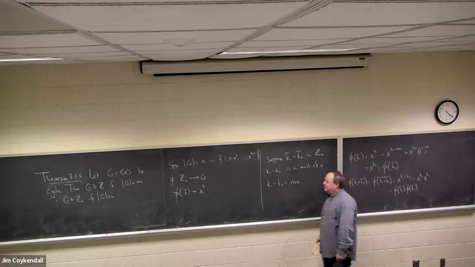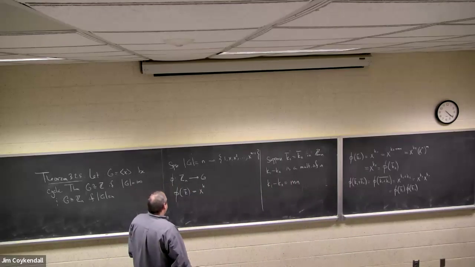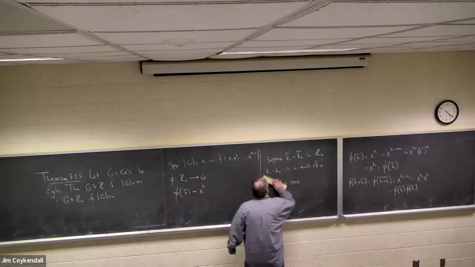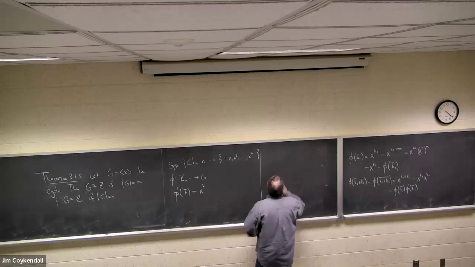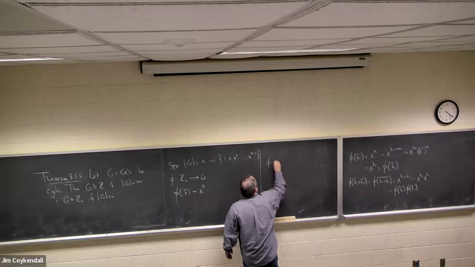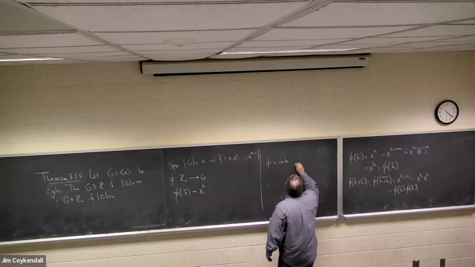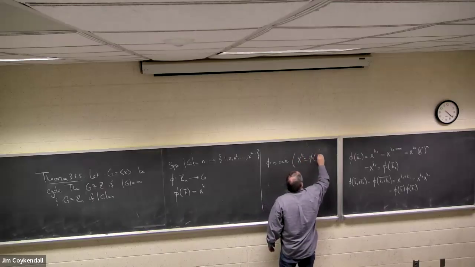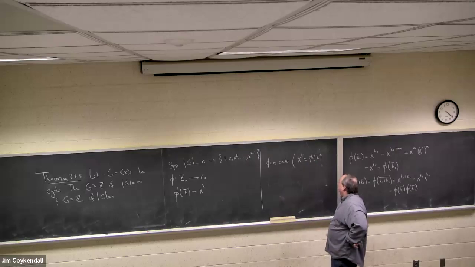So it's a homomorphism. Notice this is onto, because X to the K is phi of K bar. So you give me an X to the K, I'll give you the K bar, and it goes there.